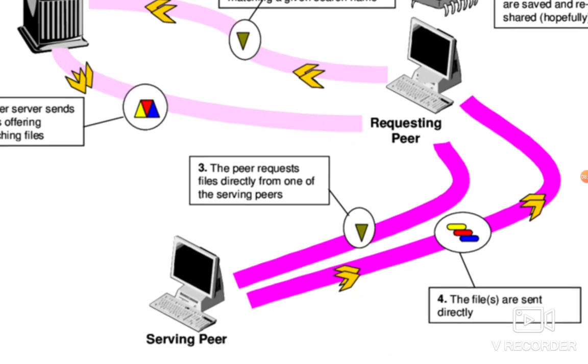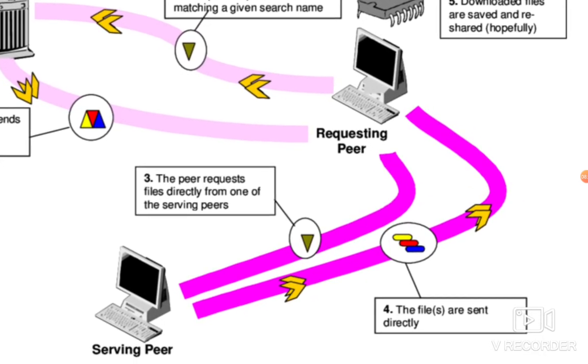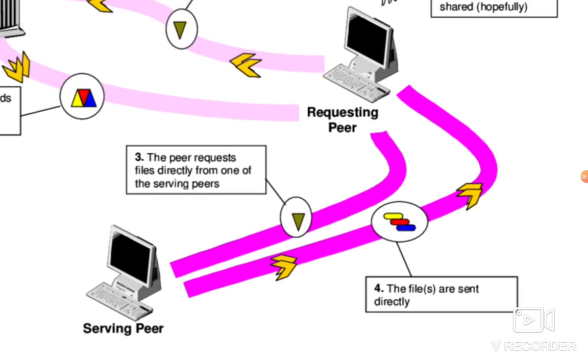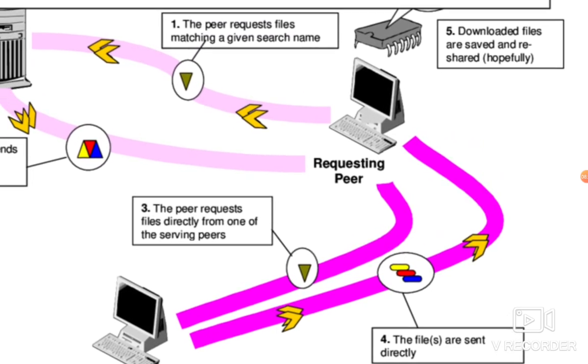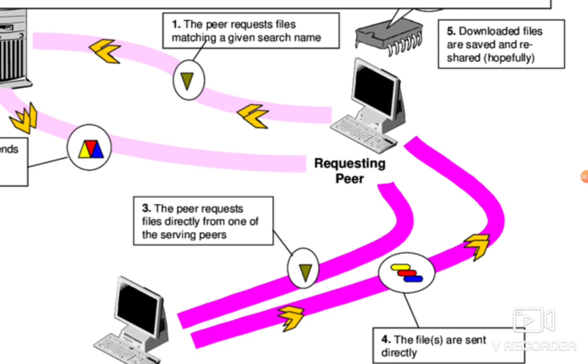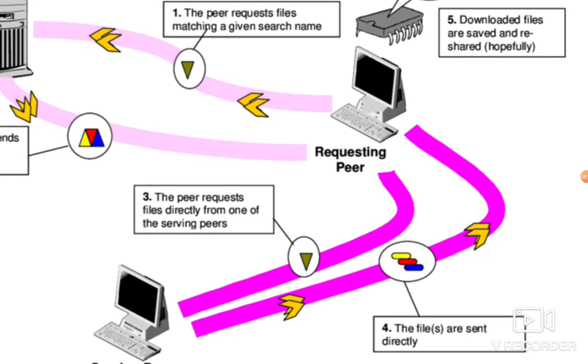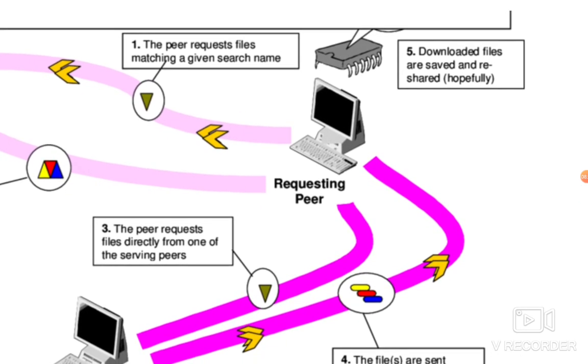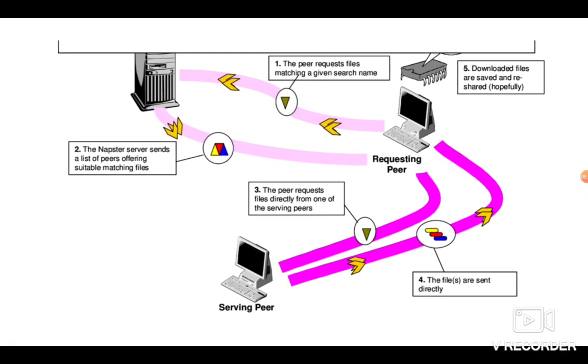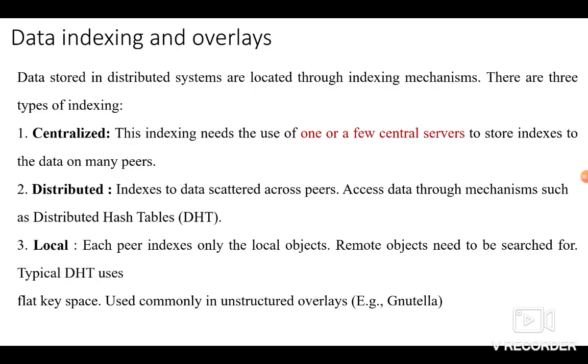From these names, the peer can select any one of the nodes directly, and they can get the music file directly without the help of the server. So you can download the file, and the files are saved and reshared if needed. So the role of the server is very minimal in the Napster music share application.